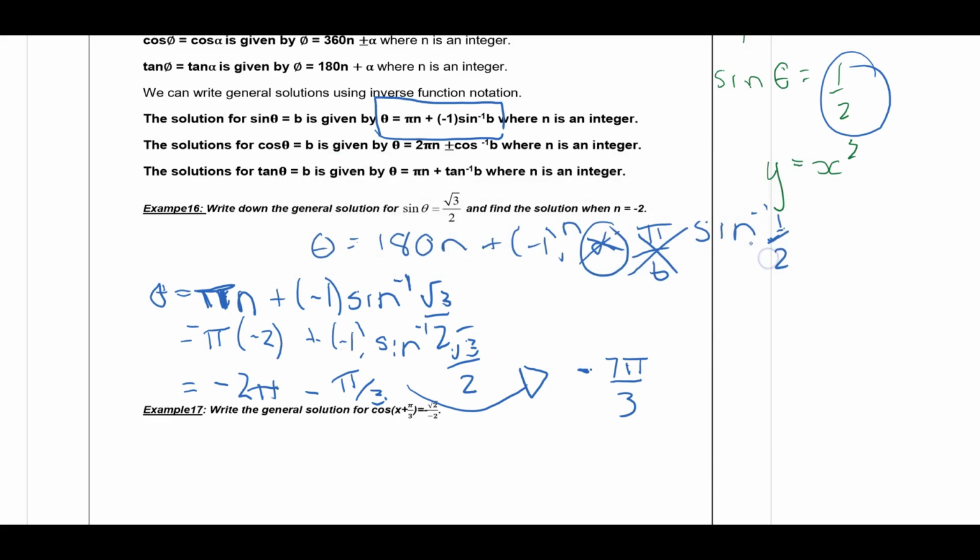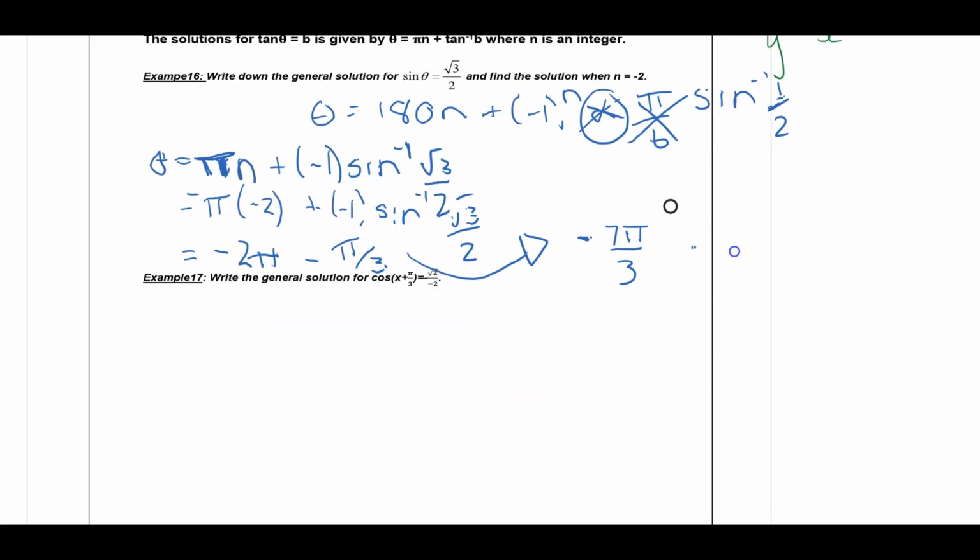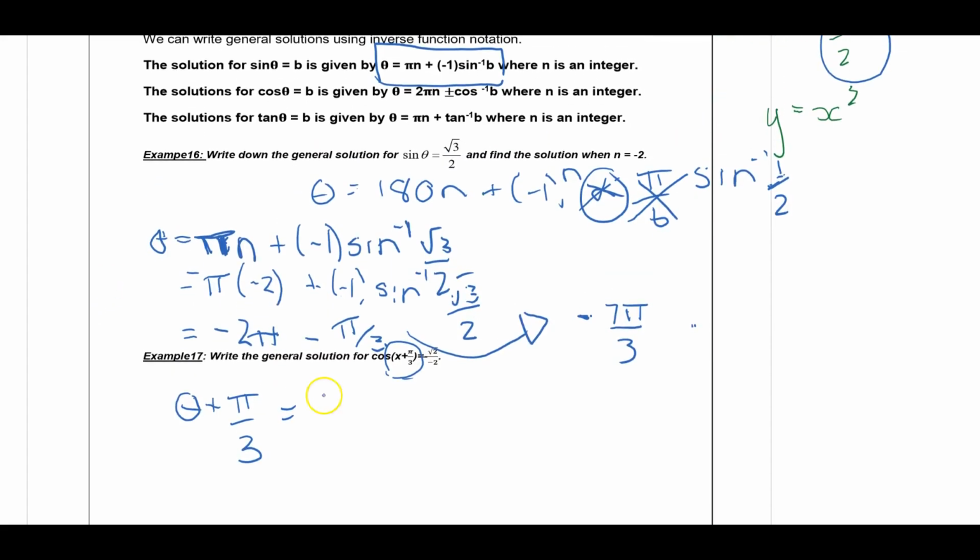Okay, let's look at the next example. It's dealing with cos. So in this case, theta plus pi on 3 is equal to 2 pi n plus or minus inverse cos of negative root 2 on 2.